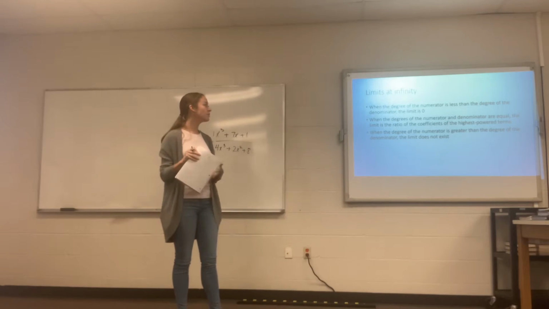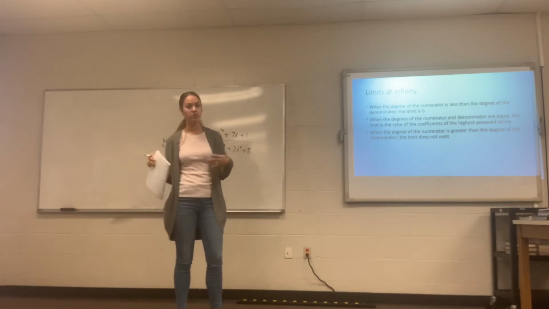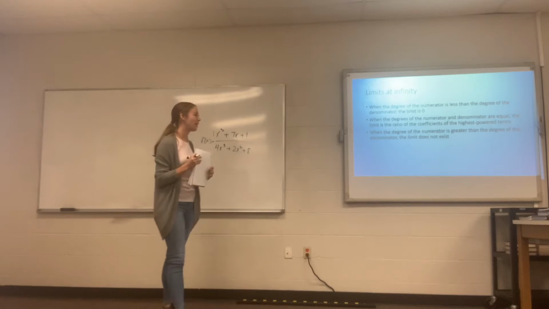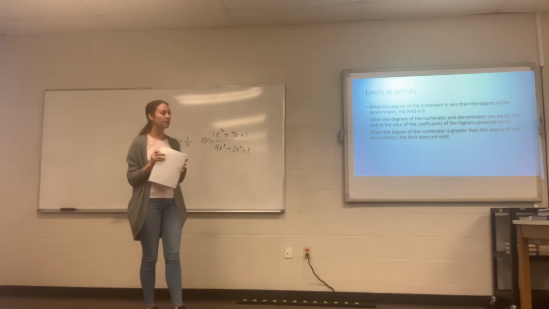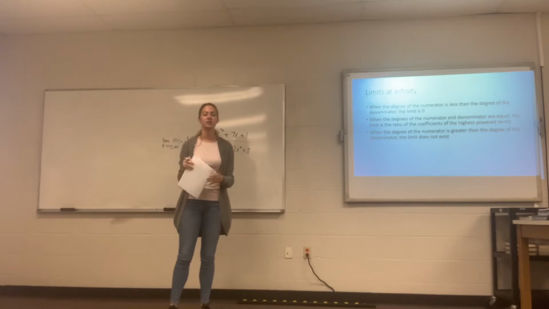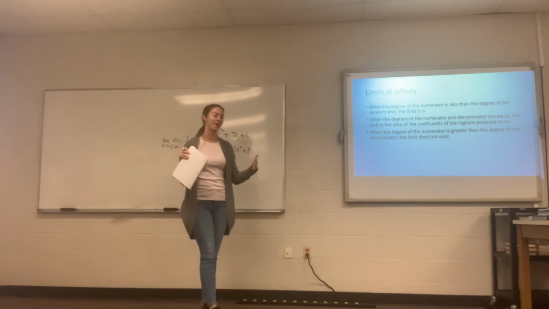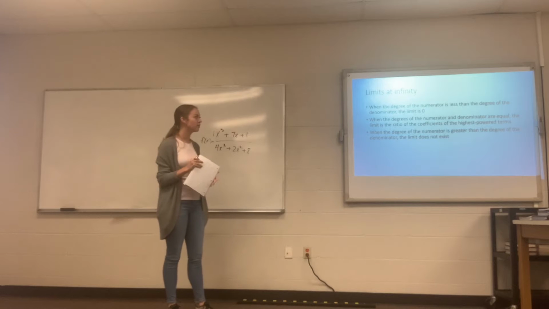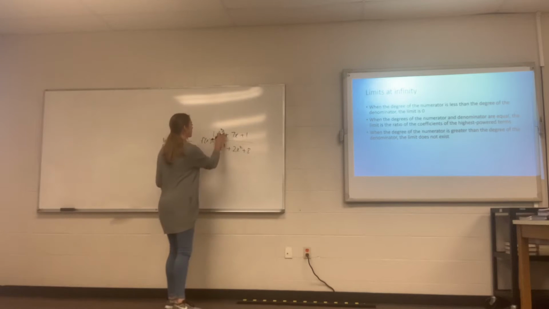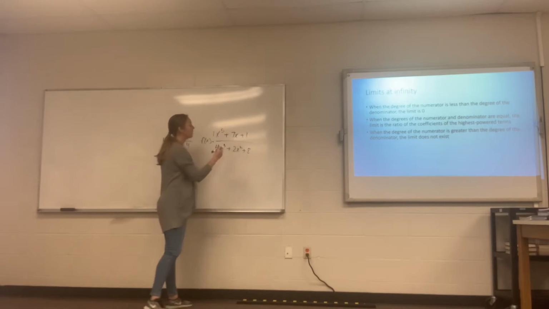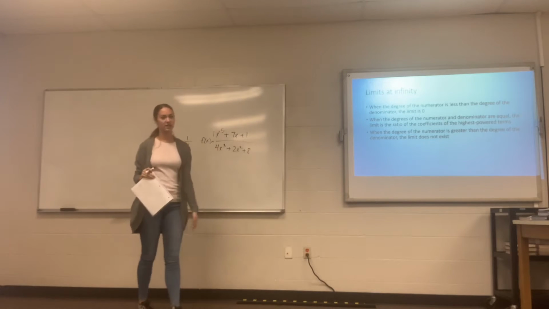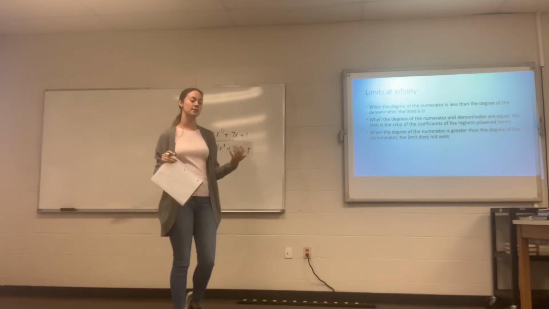This one gets a little tricky because our limits don't exist at infinity, but we'll get into that a little more later. Typically, even if they don't exist, we're still going to write a value there. So this last one is a little hard, but it says if the degree of the numerator is greater, so if this was x to the 5th, my degree of the numerator is bigger than the degree of my denominator, so I would say my limit doesn't exist.